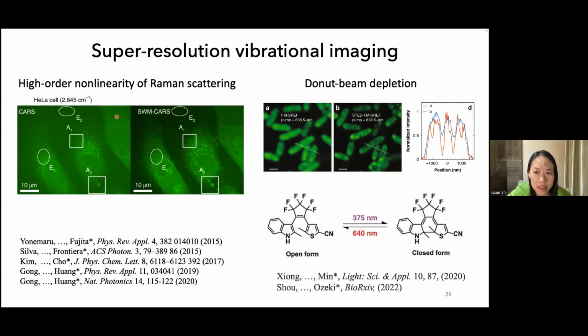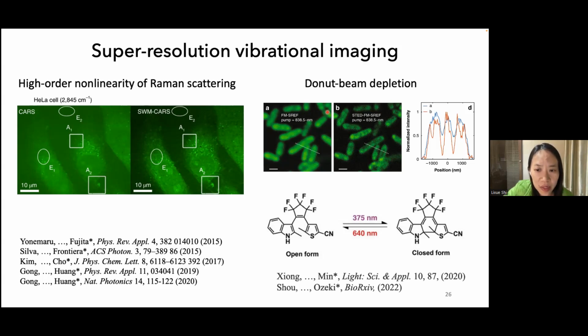And the existing strategies for super-resolution vibrational imaging are mainly based on regulation of the point spread function, either with a higher order nonlinearity of Raman scattering, which intrinsically has a narrower point spread function, or erasing the edge by donut beam laser depletion.